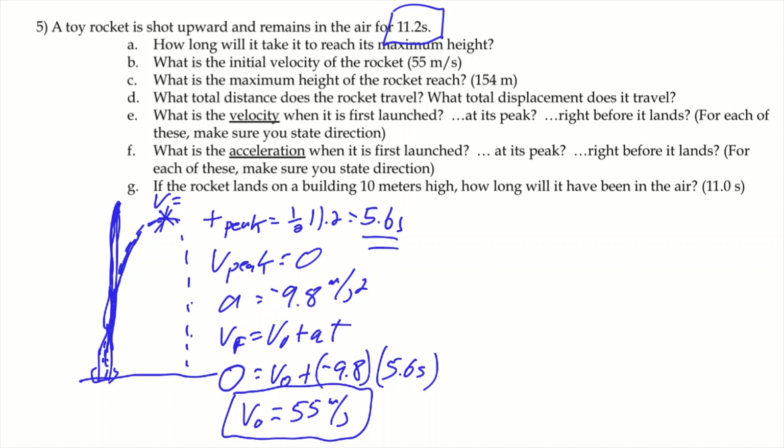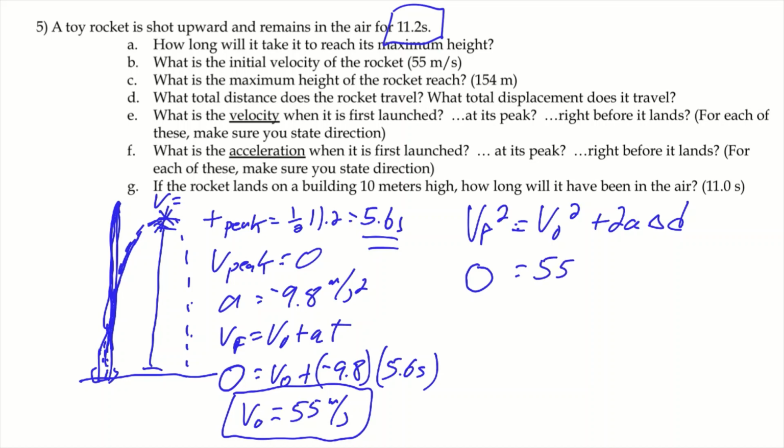Question C, now we're just looking for the displacement to the peak. So how high until it reaches that peak. So that would be our fourth variable. At this point you have several equations you could use. I'm going to use this one. 2AD. Okay, so again, the velocity at the peak is 0. The v initial we just found, that would be 55 squared plus 2, negative 9.8, and then we're looking for the displacement.